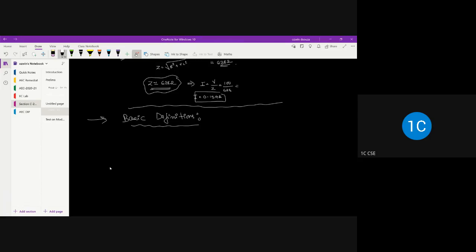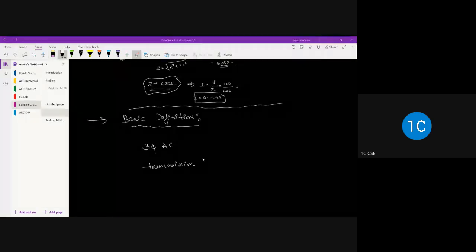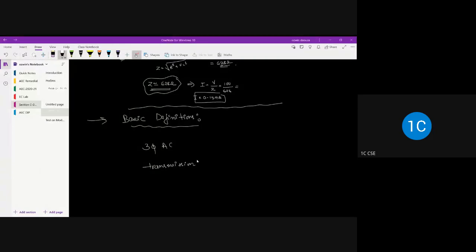In AC, let's say you want to transmit three-phase AC. Why three-phase AC? Because normally, the AC is transmitted from the power plant to the substation. Substation is where those big transformers are mounted in three-phase manner.